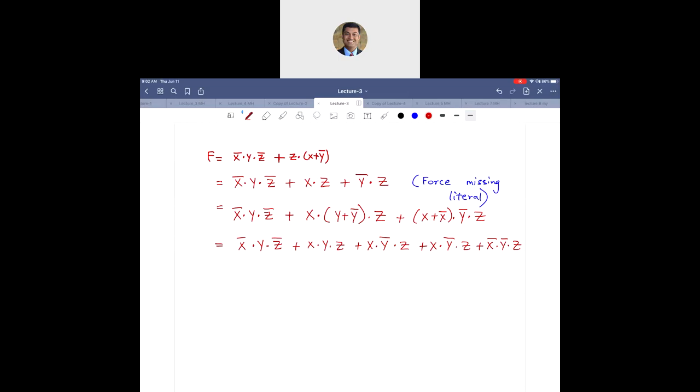Yes, these two are the same, so I only need to write one. X or x is x, so I only need one. I'm just going to gray out or shade out this term. I only need one of them.